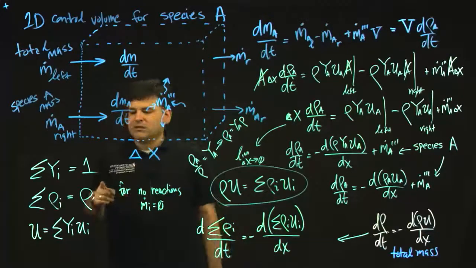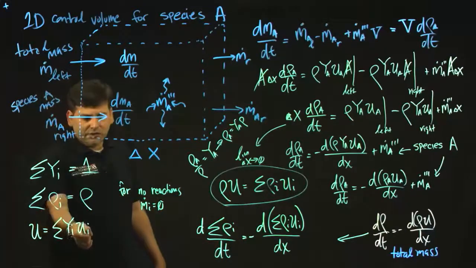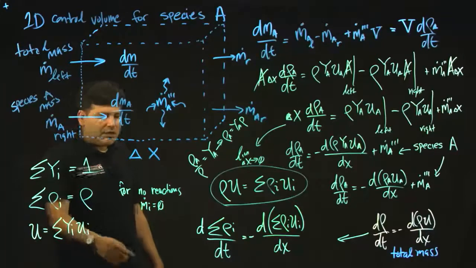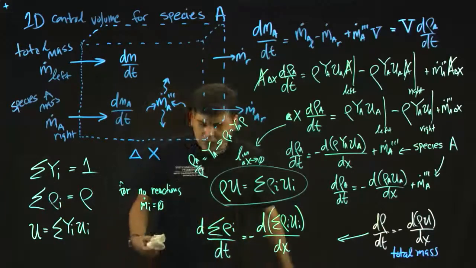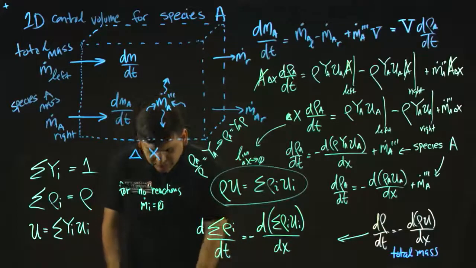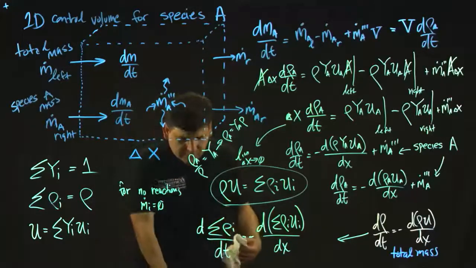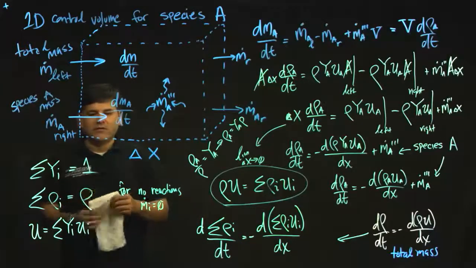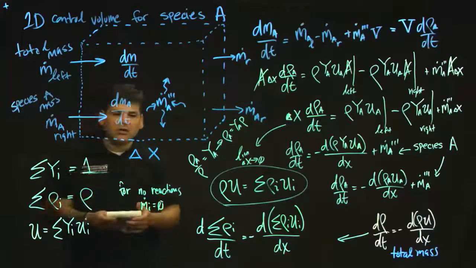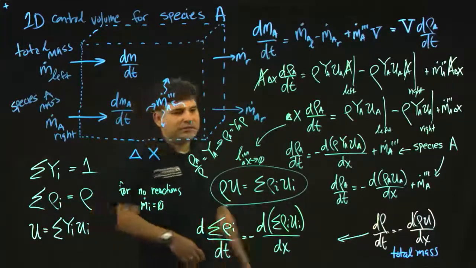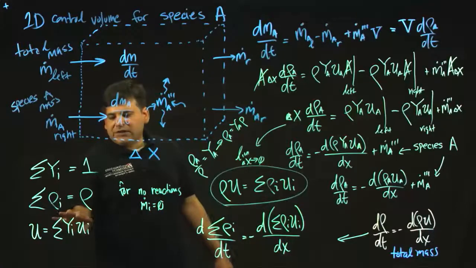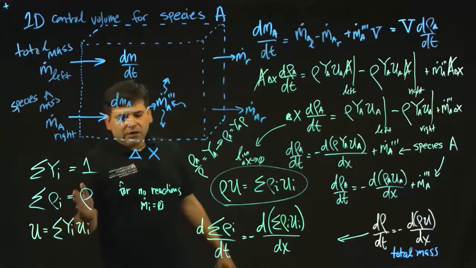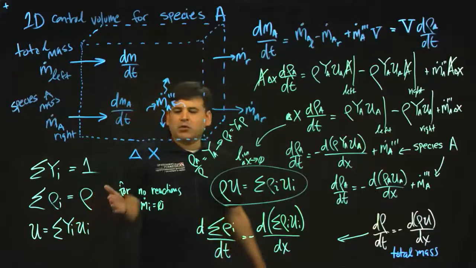Each component has a different velocity due to diffusion, so the total velocity of each species is different. If we don't have any electric voltage or temperature gradient effects, those can come into play, but if we're just considering this diffusion flux due to collisions, that is proportional to the concentration.